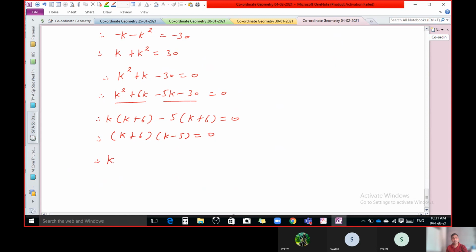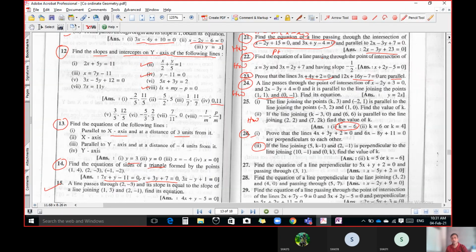So we can say that k plus 6 equal to 0 or k minus 5 equal to 0. So k equal to either minus 6 or k equal to 5. So there are two possible answers, 5 or minus 6. That is the answer for question number 26 second.